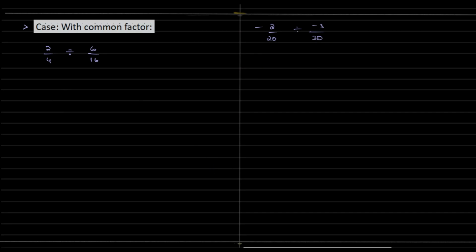Next we have a case with common factor. So till now, the few examples which we saw, we didn't have anything that directly cancelled at one go. But here we have fractions which can be simplified further. So we have the solution. Let's copy the question first.